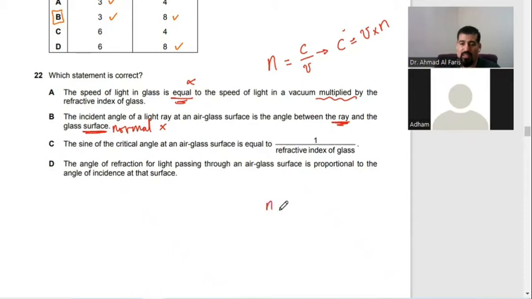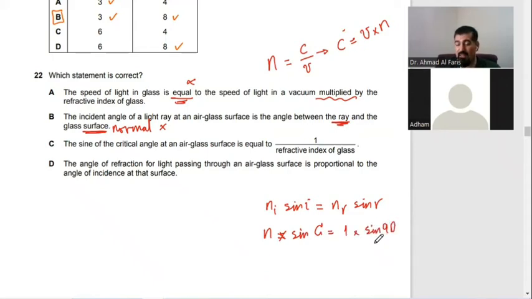Now we know that N_i sine i is equal to N_r sine r. For example, light traveling from the medium to the air: N for the medium multiplied by sine the critical angle equals N in the air, which is 1, multiplied by sine 90.